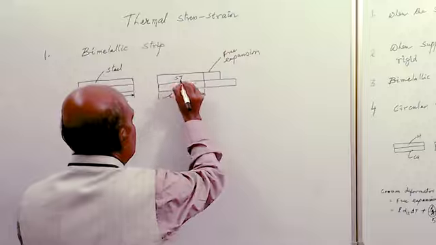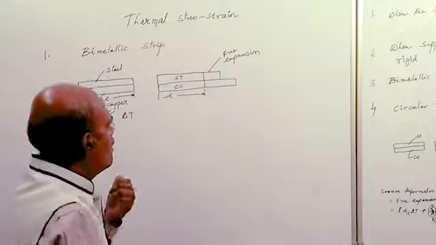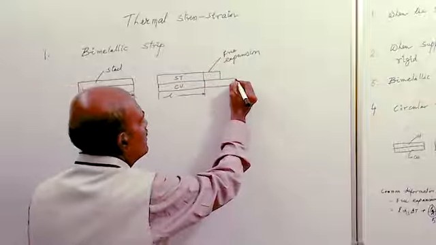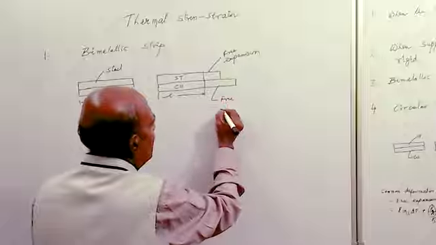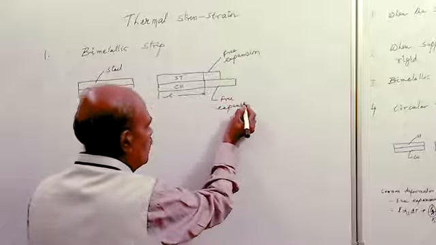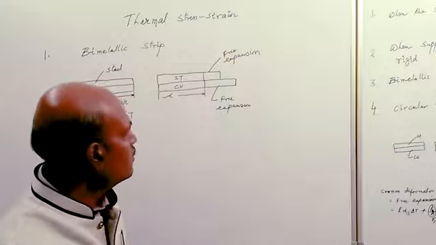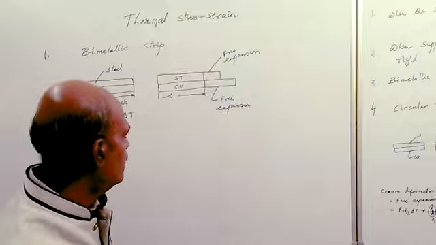This one is made of steel and this is made of copper, and this much is the free expansion of the copper bar. So we have the free expansion of the steel bar and the free expansion of the copper bar.